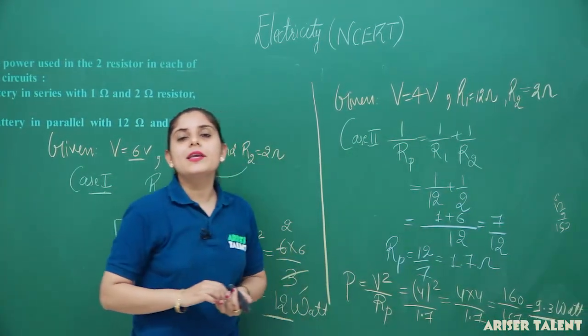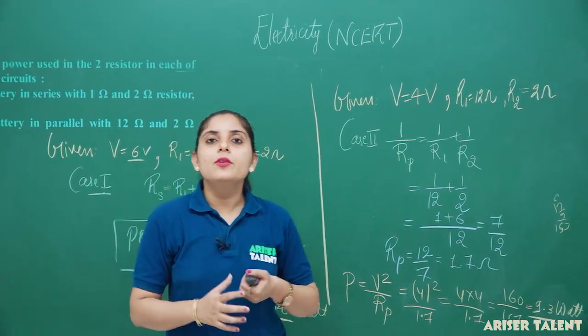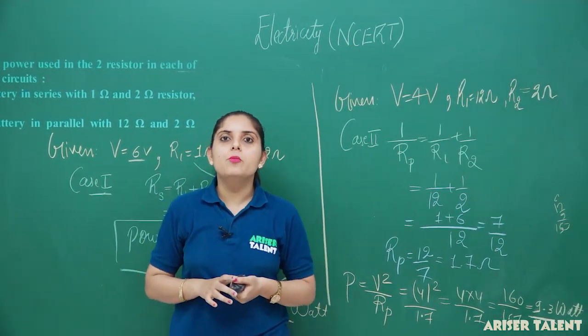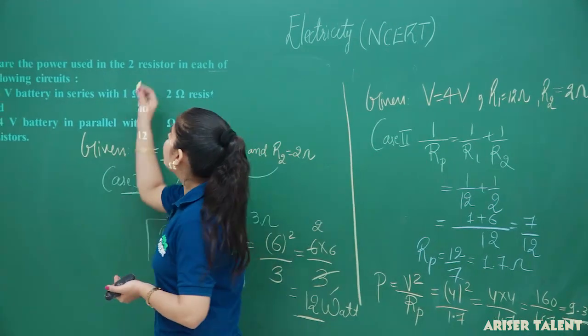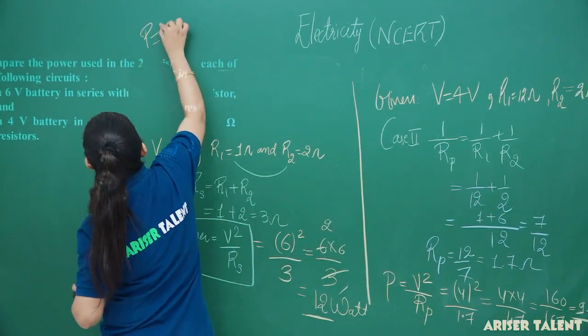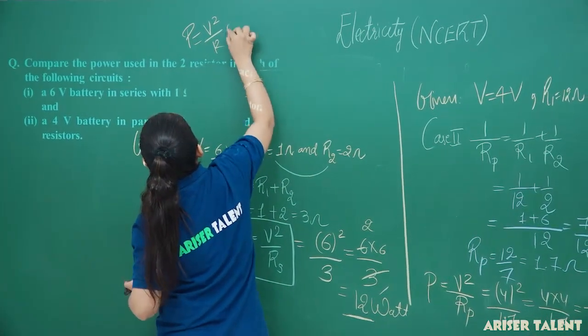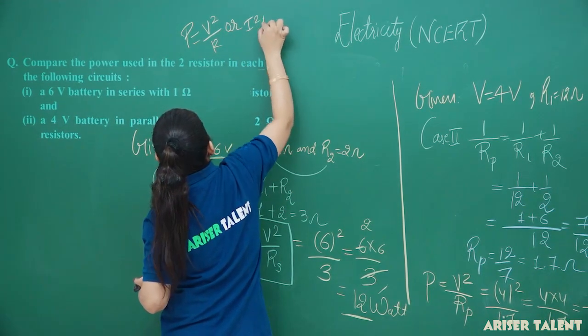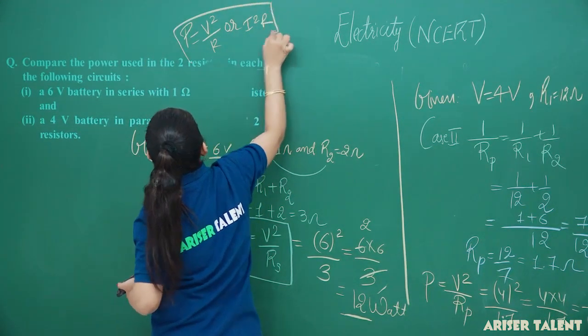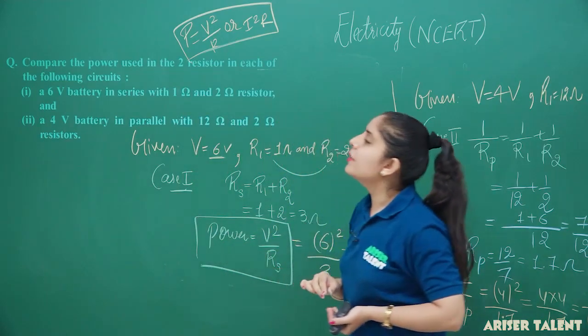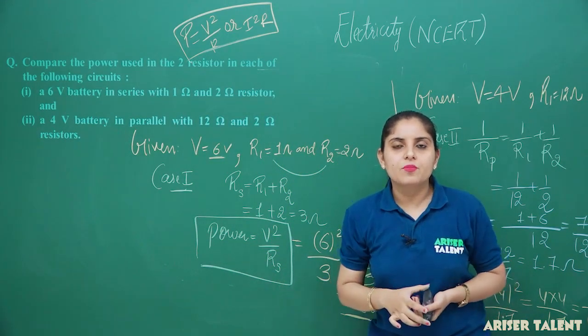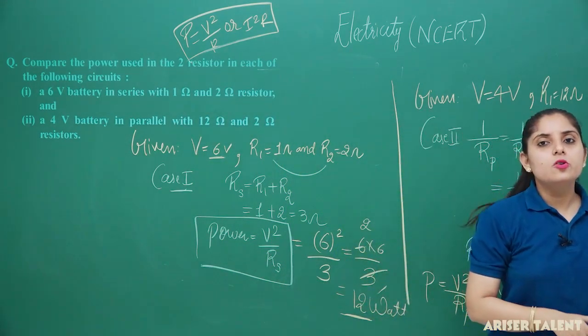So this is how you can calculate. You can use the formula and calculate the power in both the cases. You just have to keep in mind that power has two formulas. You can use both these formulas for the calculation of the power here. So just copy this solution from here.